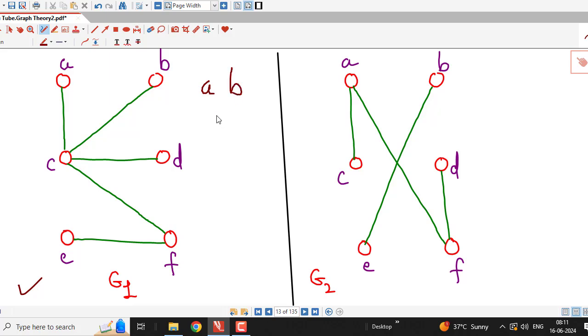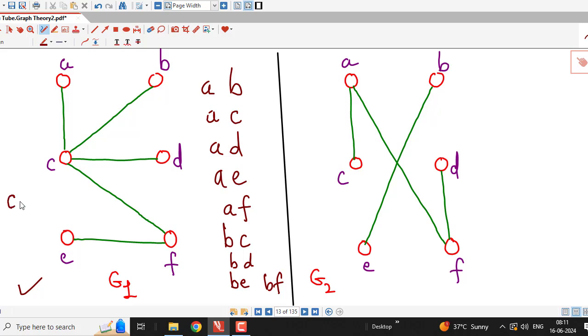I can have these types of pairs possible: AB, AC, AD, AE, then AF, then BC, BD, BE and BF, then CA, CB and CD and CE and CF.